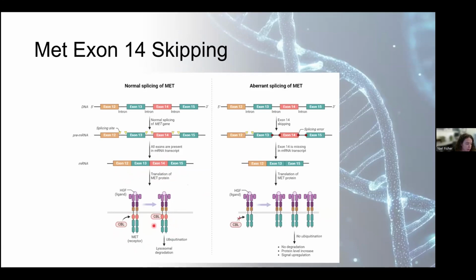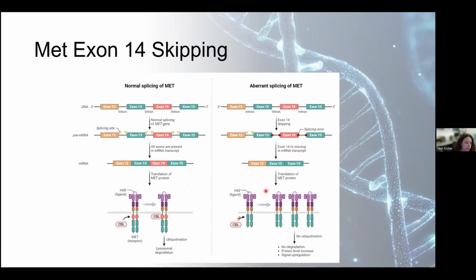Now, CBL is a ubiquitin ligase of MET, and when it binds to MET, it leads to lysosomal degradation of the protein. When we have aberrant splicing of MET, in this case because of mutations around the splice sites of exon 14, we get an mRNA sequence that does not include exon 14. This sequence will be translated into the MET protein, but this MET protein will lose the CBL domain.